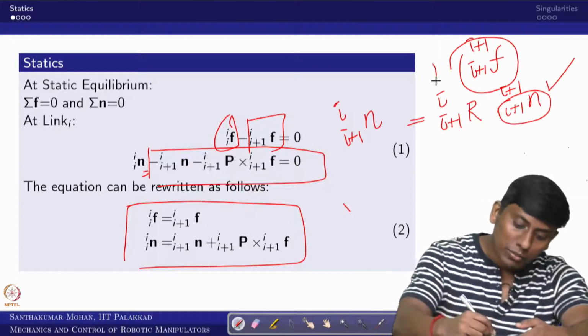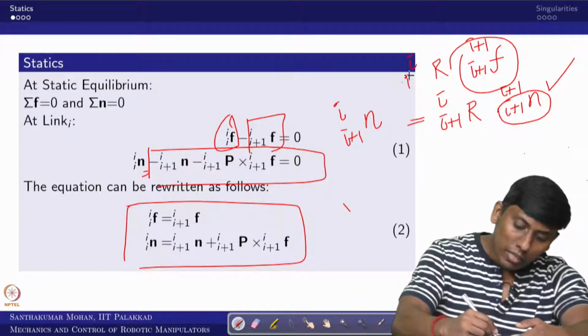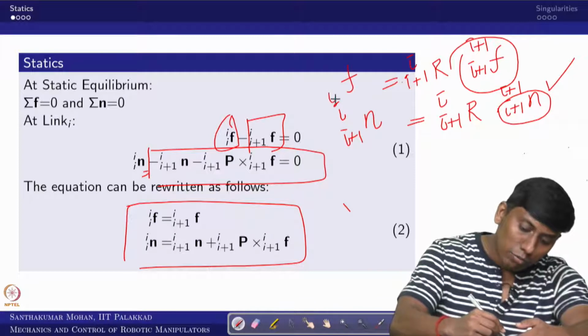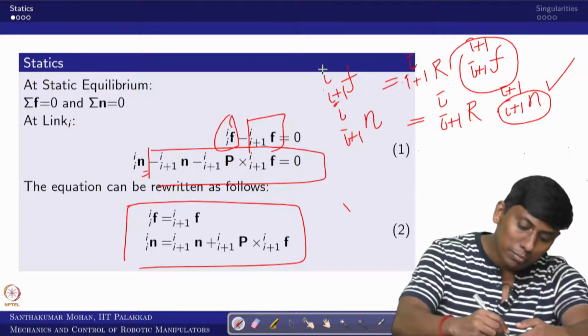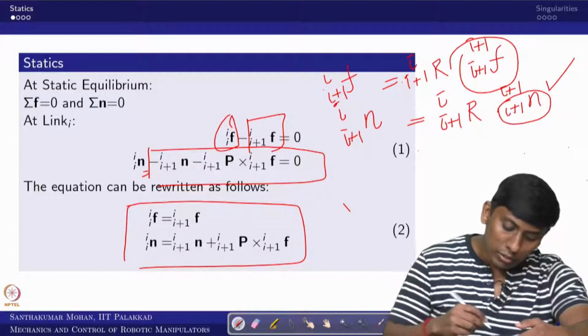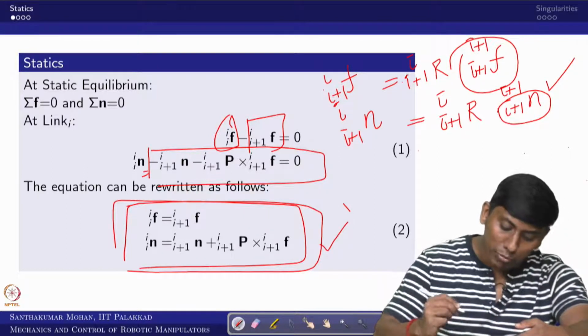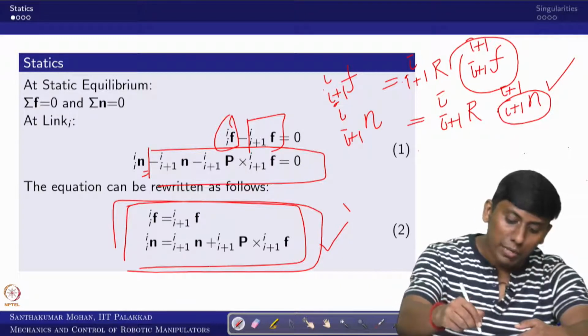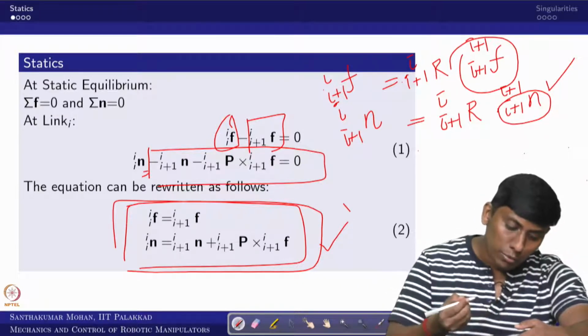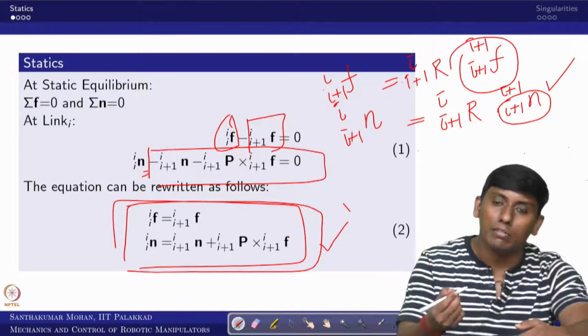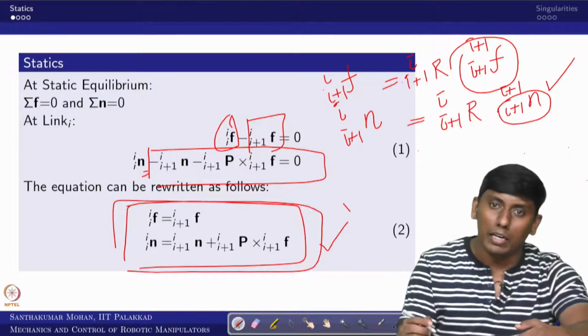Similarly here, I get the force vector of I plus 1 with respect to the ith frame. This is what we have used here. Now you can see this is the backward propagation model, because we start from n to 0. Based on this we can derive the force vectors and angular moments.